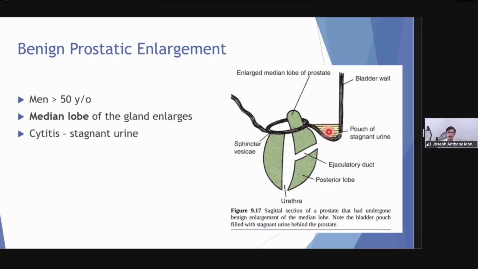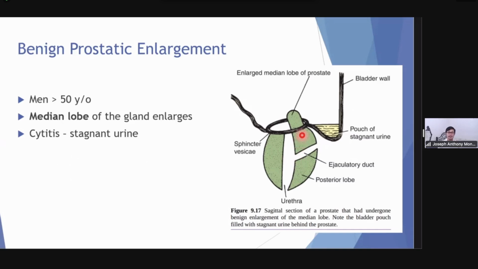If the urine spills and is not completely voided, it actually serves as a reflex, the feeling of urgency. So that's actually your lower urinary tract symptoms.